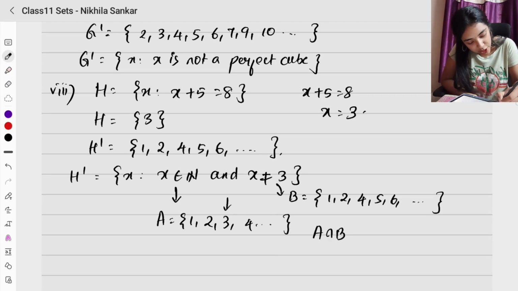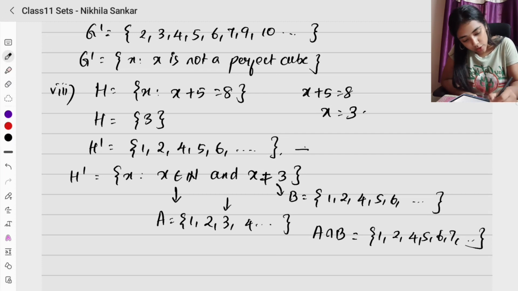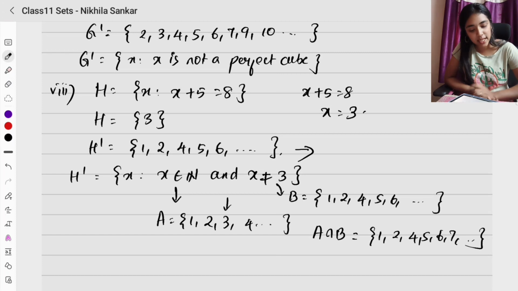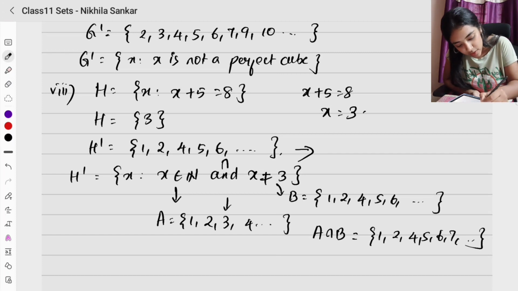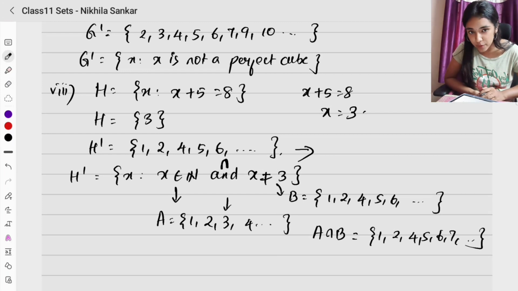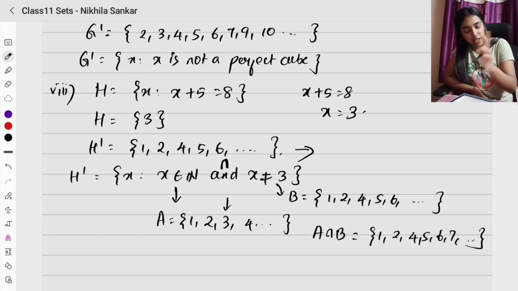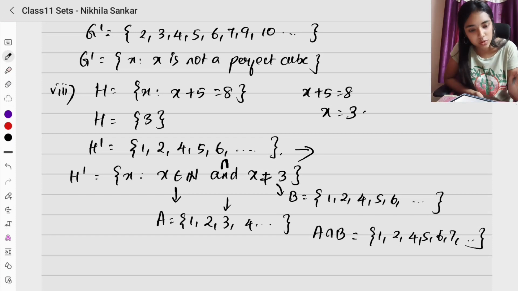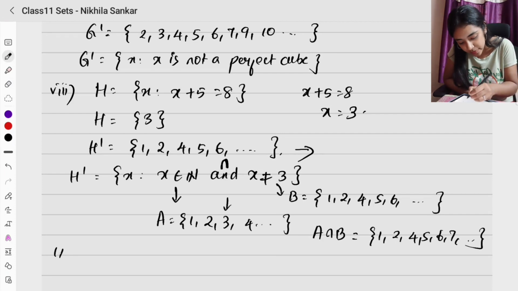So A intersection B is going to be 1, 2, 4, 5, 6, 7 and so on, which is equal to H dash. You see that? So in that I need to write 'and' because we are talking about the intersection. You understand? In previous examples we were dealing with union, that is because you have an 'or' condition. In this, it is an 'and' condition. It belongs to natural numbers and it is definitely not equal to 3. Okay, so this is how you write the condition.